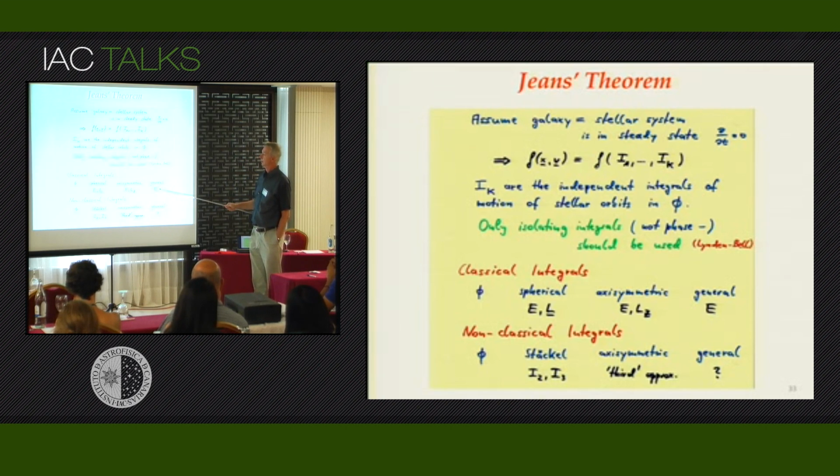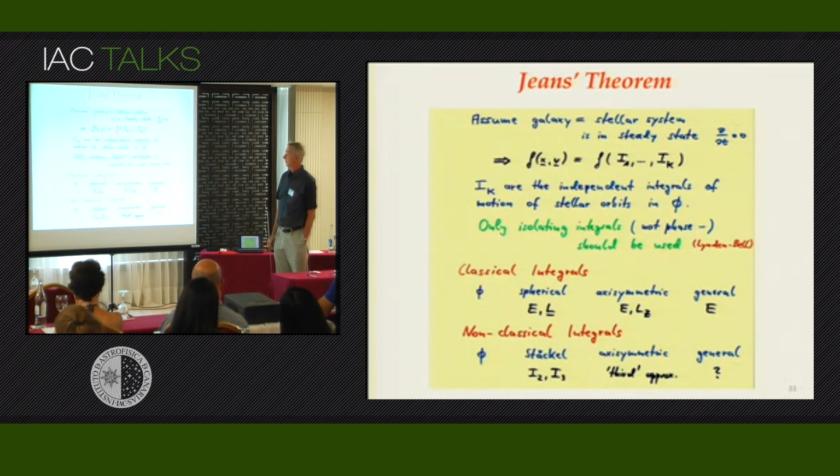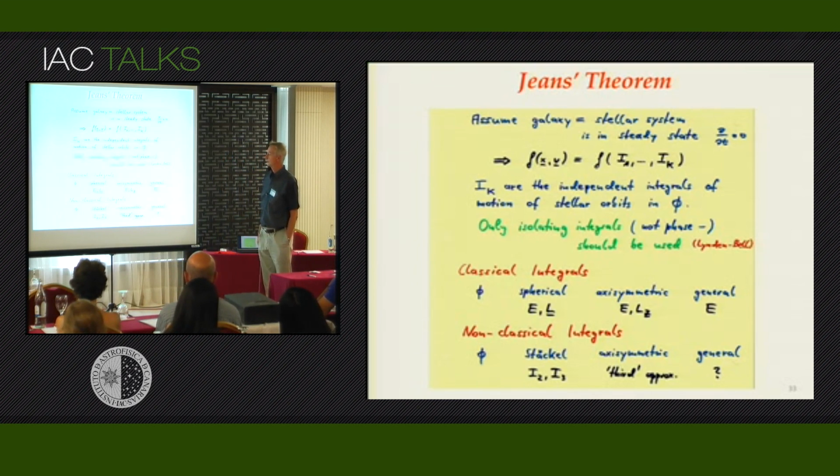And so the spherically symmetric equilibrium distribution in a spherical potential depends on energy and the square of the angular momentum vector. Now, in axisymmetric systems, the classical integrals are E and Lz, and then you can construct distribution functions depending on those 2. But as we'll see, these are not the most general ones, because the most general distribution function should depend on 3 integrals of motion, provided they exist. And in general potentials, we only have the energy.